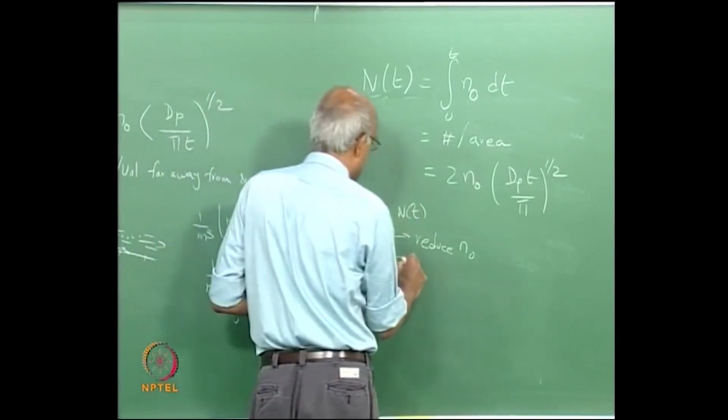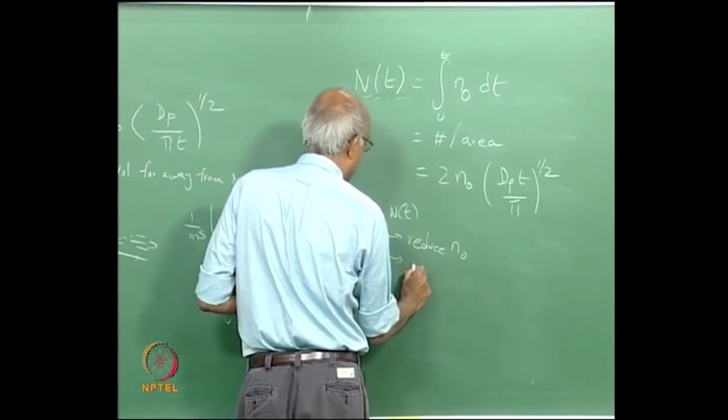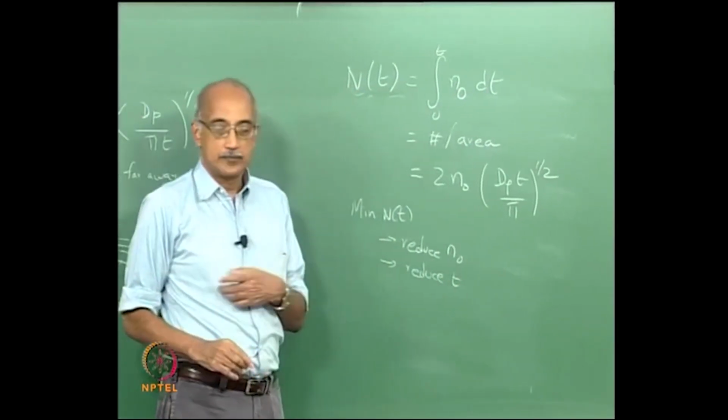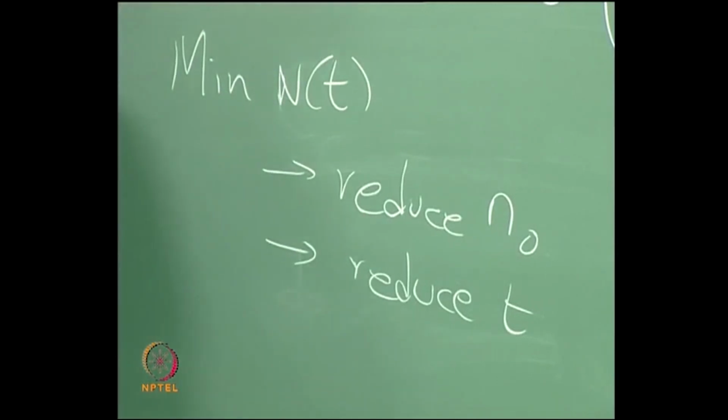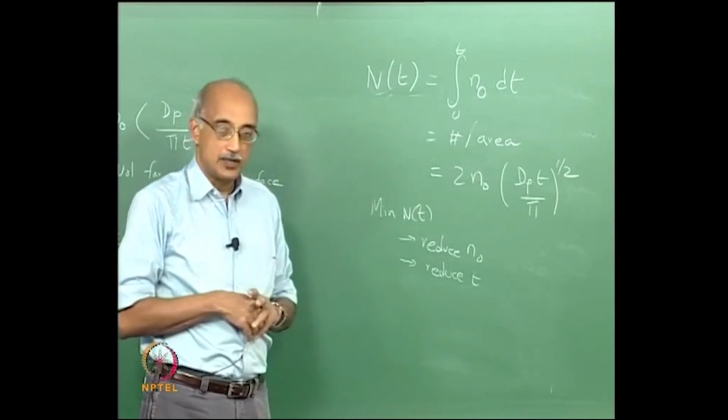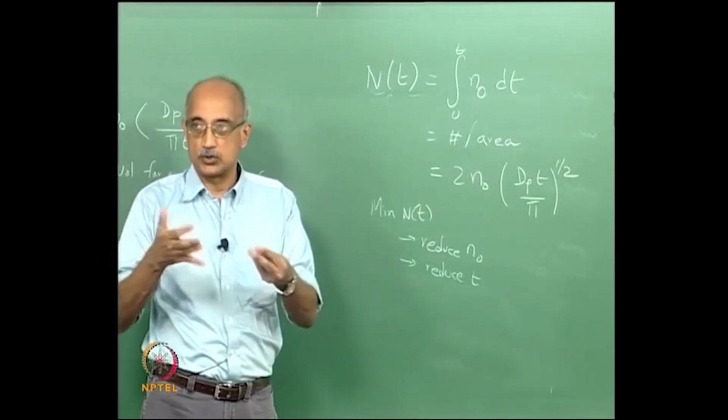The second strategy is to reduce T. Now what do you mean by reducing time? Deposition of particles on a surface only occurs during the time period where the surface is open to the environment.